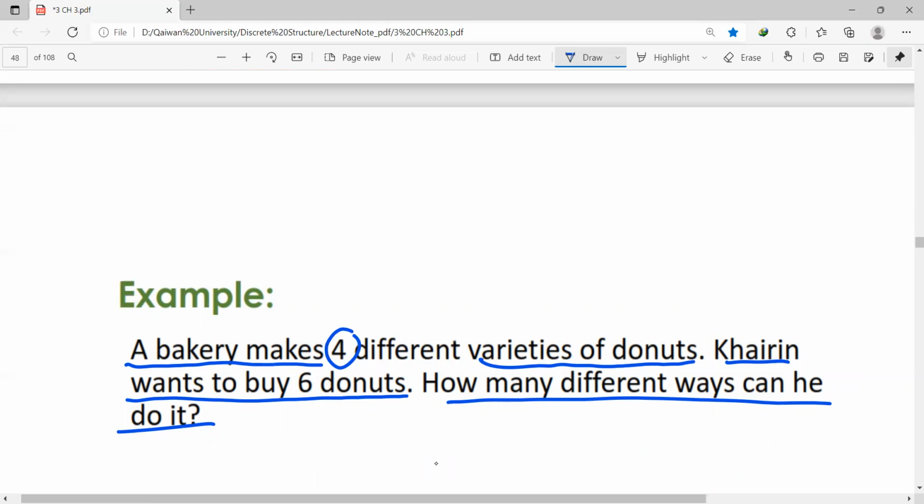That means repetition is allowed here. So what's R here? R is 6. What's N? N is 4. Okay, do it by ourselves in groups.